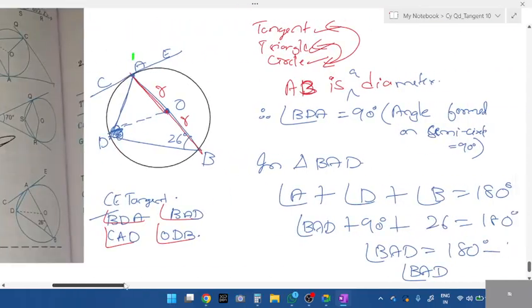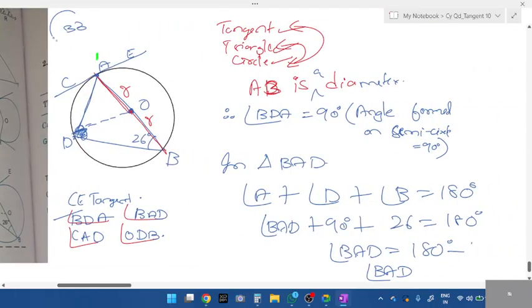This is the 33rd last question in the tangent exercise. Okay, how much is 90 plus 26? 116. 180 minus 116 is 64.